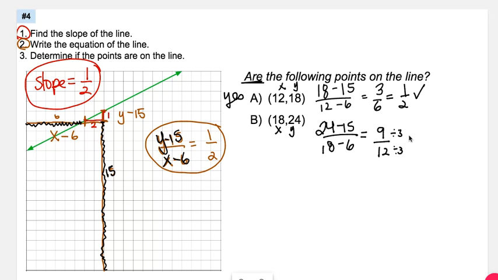And if I simplify, I get 3 over 4, which is not equal to 1/2. So this would be a no. You should also get a no on number 4.